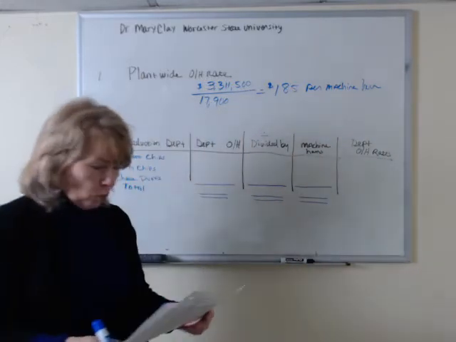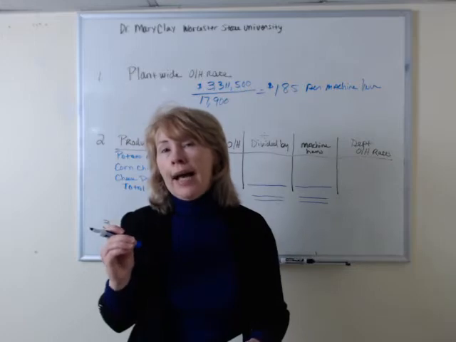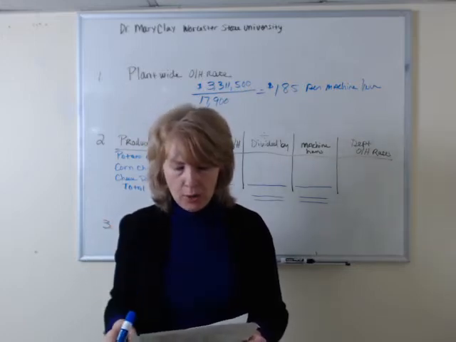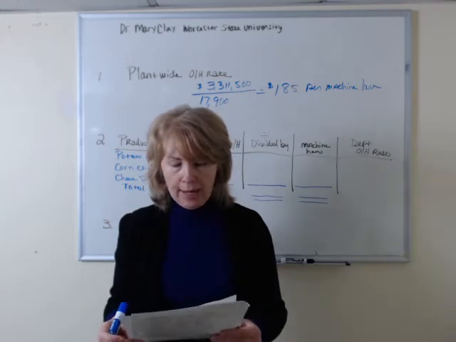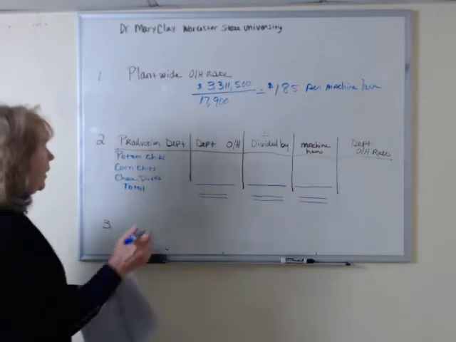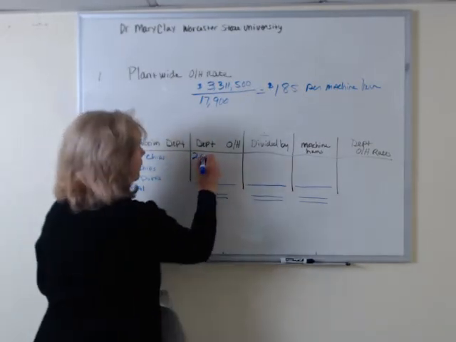Okay, now we're going to look at ABC costing, and they're going to break it out depending upon the activity. Okay, so they're breaking it down, and they tell you potato chips, the manufacturing overhead, is $2,070,000.